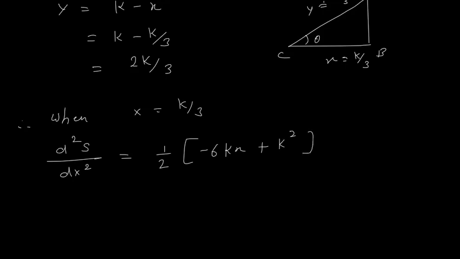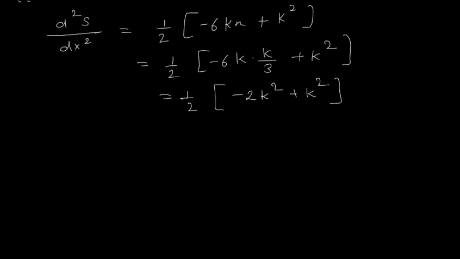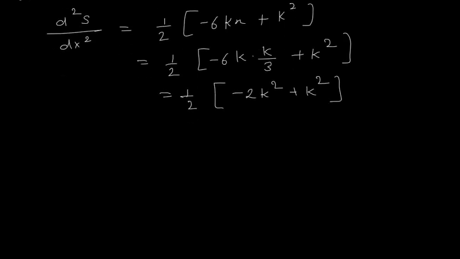The value of x is k upon 3. So here we are getting minus half into 3 to the minus 2k square plus k square. So this is a negative term, right? Minus k square divided by 2, which is less than 0.